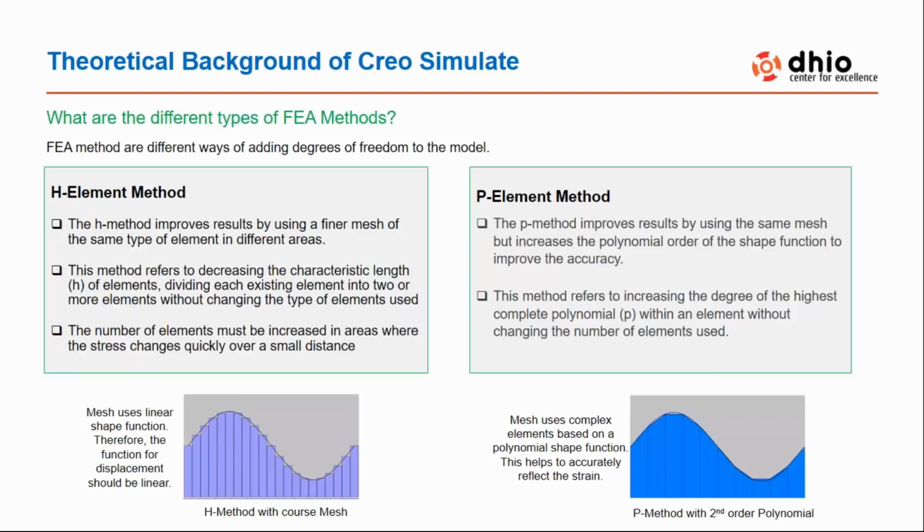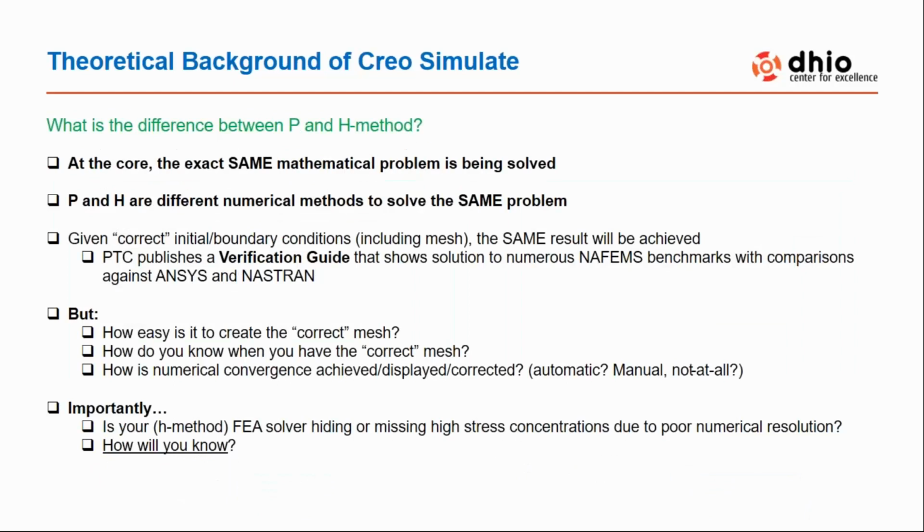Those kinds of steps the design engineer cannot always know, so you need to do some outsourcing at that time. But here in p-type element, we are just specifying the order of the polynomial and the software itself will correct it, and the algorithm is so strong to correct it. So it will numerically converge and achieve the correct mesh size.